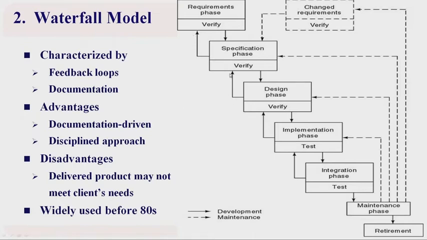You find that there are feedback loops from one phase to the previous phase. That's because during some phase, the developers may find problems that were caused in the previous phase. So they will have to feed back to the previous phase. So that's why there are feedback loops.